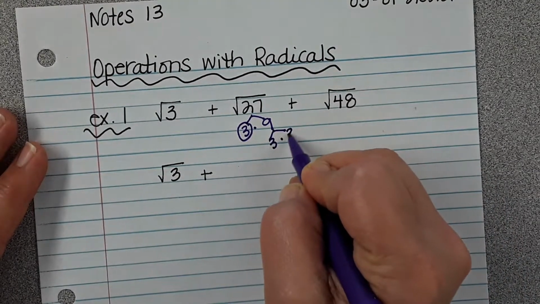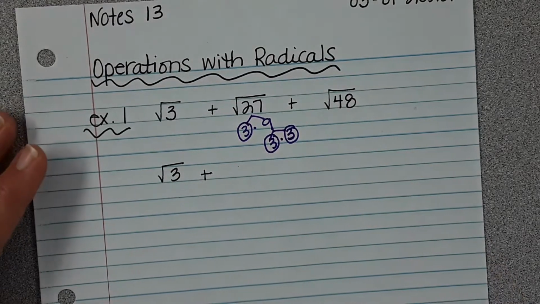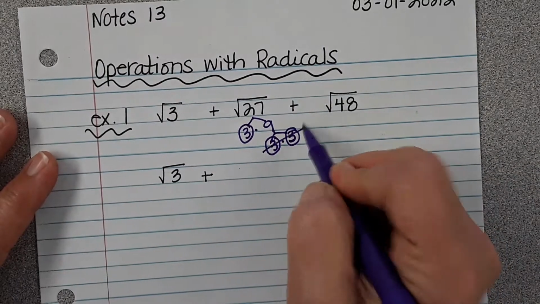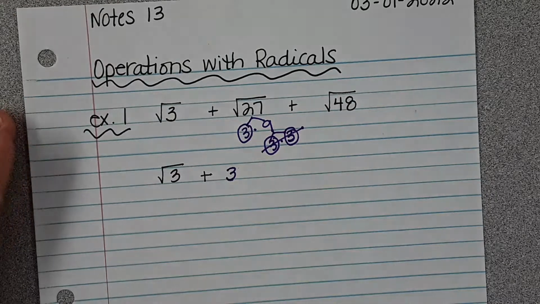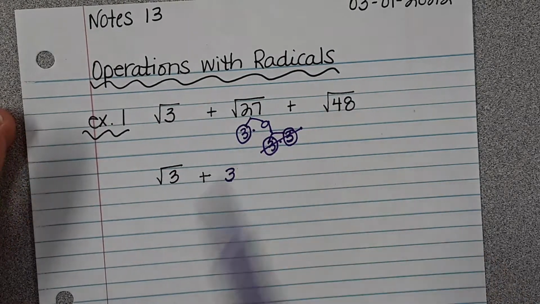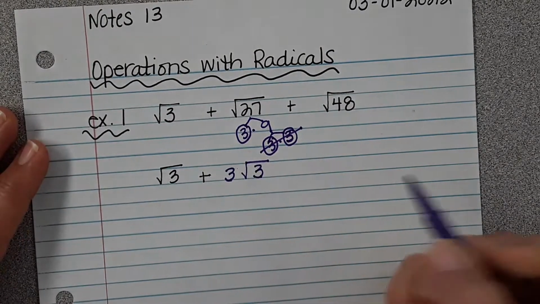Now I'm looking for a pair. Do I have a pair? Yes. What do I have a pair of? 3. So that 3 is going to go on the outside. And what about this circled 3 that doesn't have a pair? It stays in the radical.